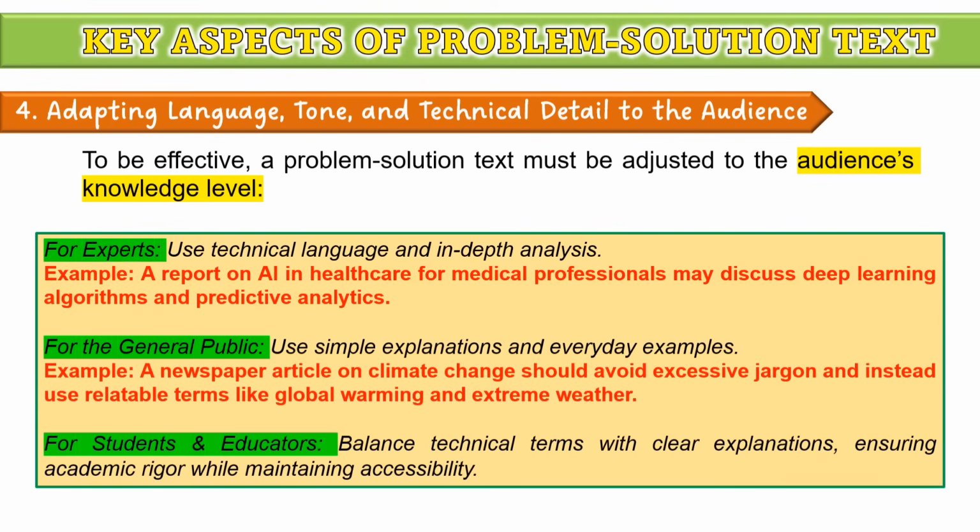For example, a newspaper article on climate change should avoid excessive jargon and instead use relatable terms like global warming and extreme weather. For students and educators, balance technical terms with clear explanations, ensuring academic rigor while maintaining accessibility. By carefully adjusting these elements, the writer ensures the message is clear, persuasive, and relevant to the intended readers.